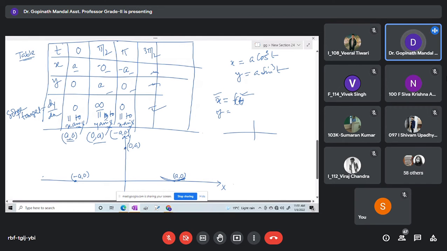At 0 comma a, the tangent is parallel to the y-axis, so there is a curve like that. At minus a comma 0, the tangent is also parallel to the x-axis.